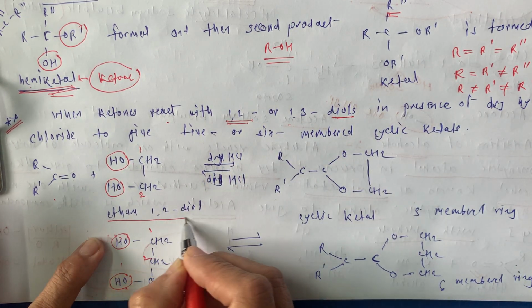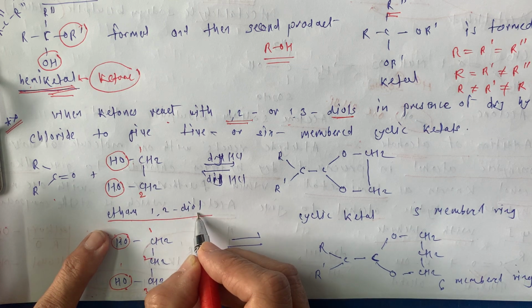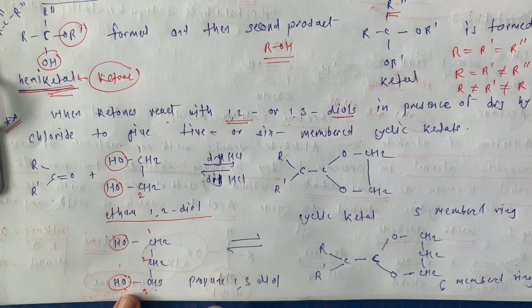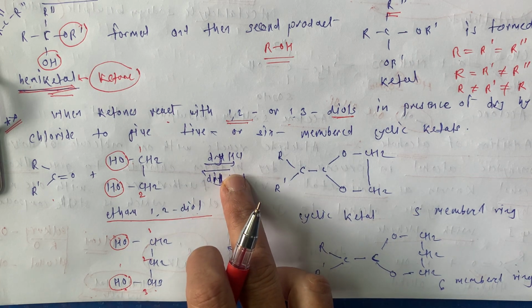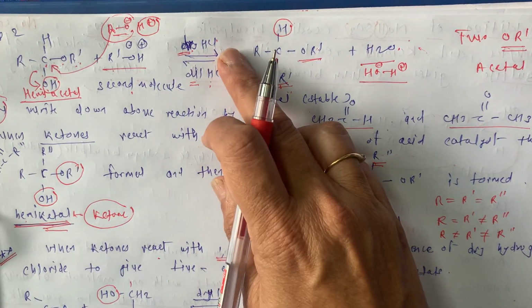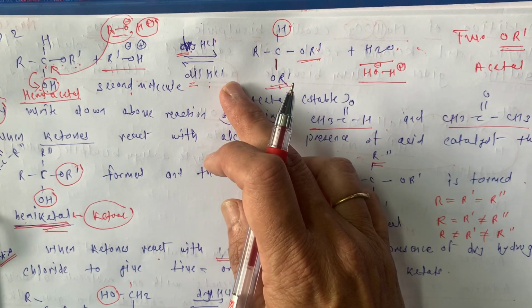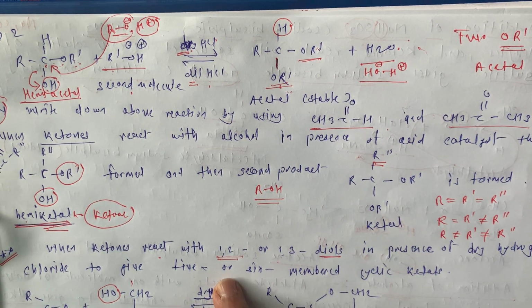So the name of the compound is ethane 1 2 diol, or for the 1 3, propane 1 3 diol. The same reagent which you used previously, dry HCl, on the arrow.